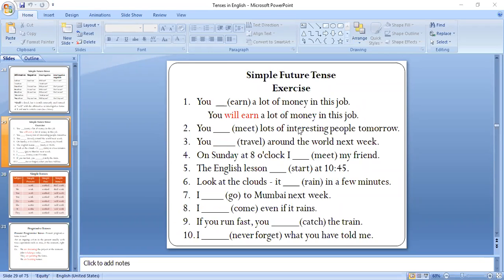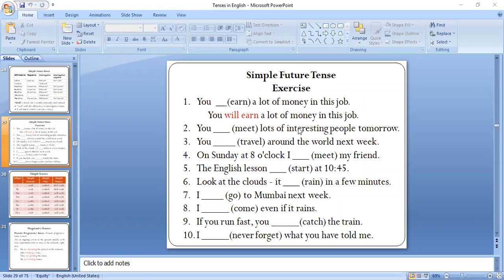Then the sixth one is: Look at the clouds. It will rain in few minutes. So someone is looking at the clouds, or someone is looking at the sky, and he is predicting that it will rain in few minutes.